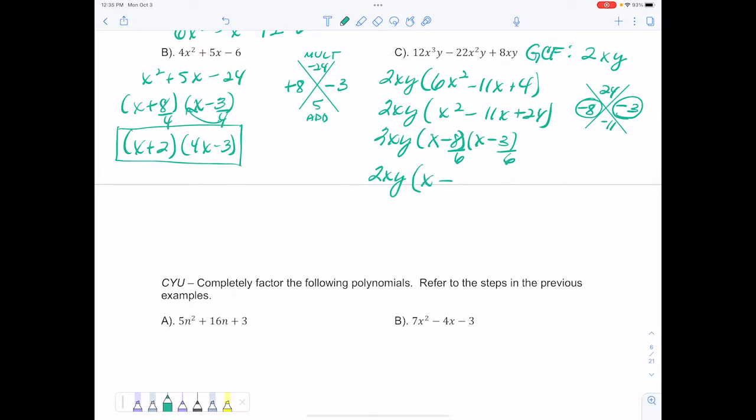Okay, and I'm going to reduce, so 8/6 reduces to 4/3. And 3/6 reduces to 1/2. And then the only other step to do is remember to take the denominators and slide them up to the top. So your final answer would be 2xy times 3x minus 4 times 2x minus 1.